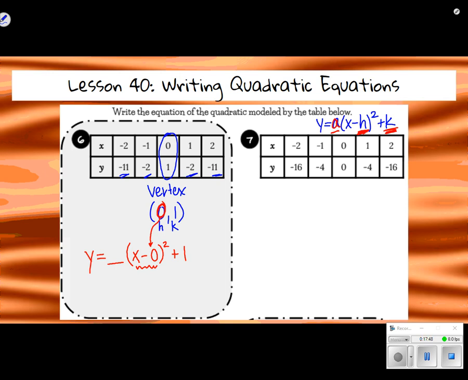All right, the next piece that we're going to do is figure out what the slope is. What is the rate of change? And we're going to look for the next x over to the right. So the change in y to go from 1 to negative 2, we're going to have to subtract 3, over the change in x to go from 0 to 1, we would add 1.